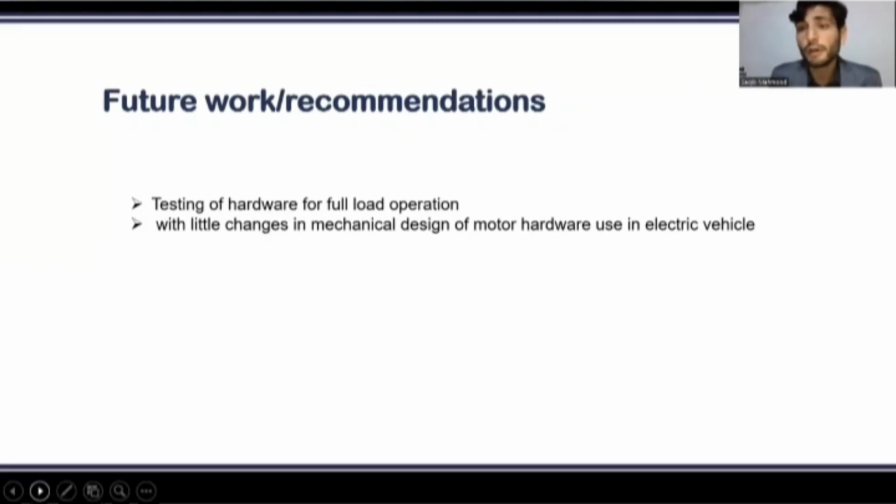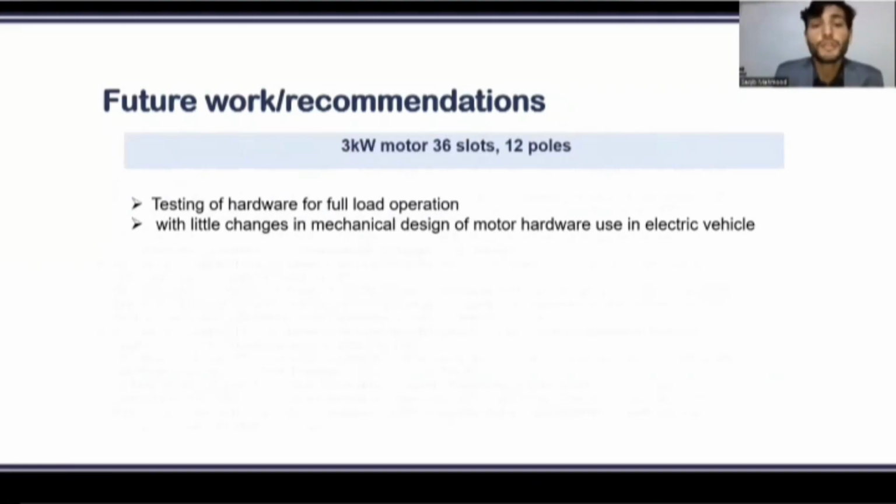It was not ready to be fitted in the hub of an electric bike or motorcycle. So with minor mechanical changes, it can be used in the hub of an electric vehicle or electric motorcycle. So these are the future recommendations.